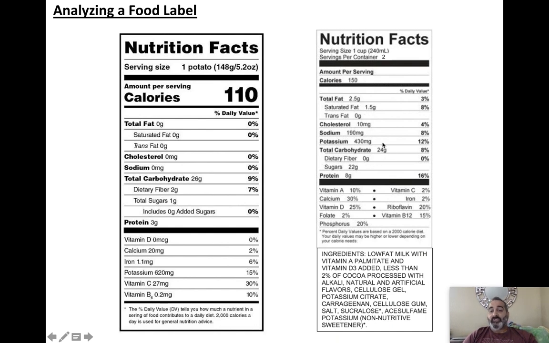Over here, carbohydrates, 24 times 4, that's how many calories you'll get from carbohydrates, and 8 times 4, that's how many calories you will get from protein. Fat, don't forget, is 2.5 times 9. Carbohydrates times 4, protein times 4. And we'll stop there.